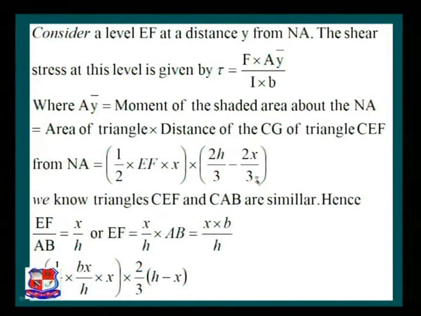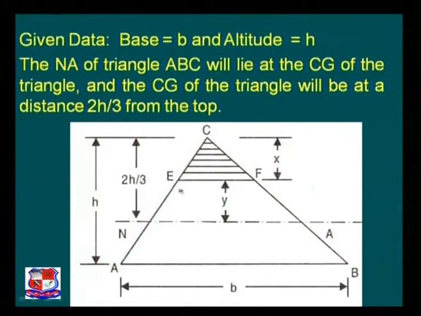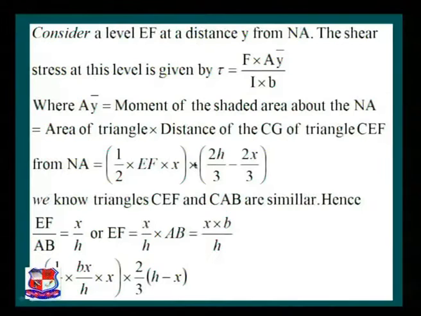Please refer to it carefully. 2h by 3 is available from C to CG, minus 2x by 3, which is available from the CG to the apex. So the remaining 2h by 3 minus 2x by 3 is our y bar value.